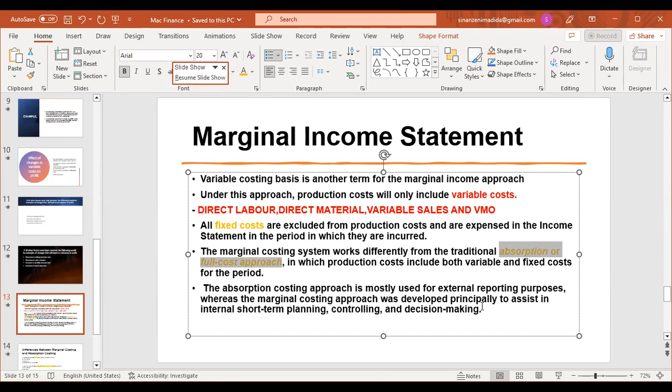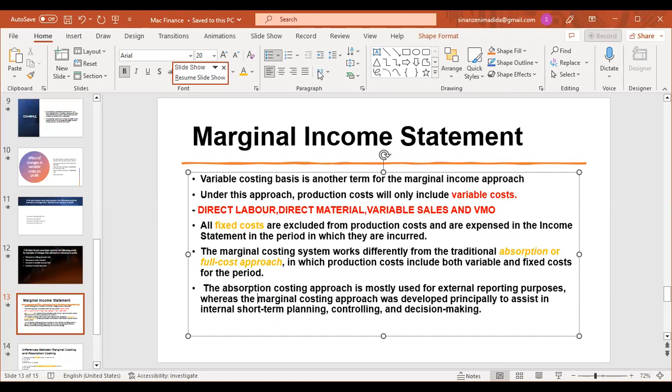This one is for management accountants, the marginal costing approach. In this module, we are only interested, guys, in the marginal costing approach. The absorption costing approach is just highlighted for you to know that we have got two approaches. One is for management accountants and the other is for financial accountants.